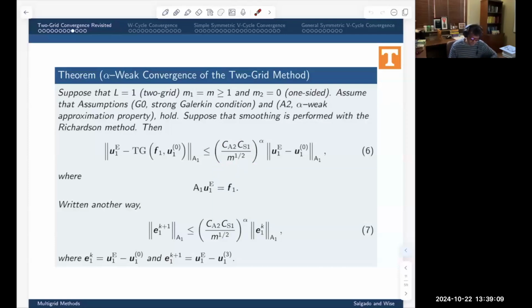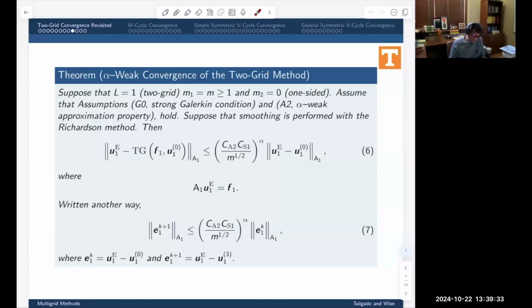So I'm going to converge at a slower rate, but I'm still going to converge. So this alpha-weak property says that if you have an alpha-weak approximation property for your multigrid method, you should expect maybe to get slower convergence, but you should still expect to get convergence overall. And that is, in fact, what we observe with methods that have this property.